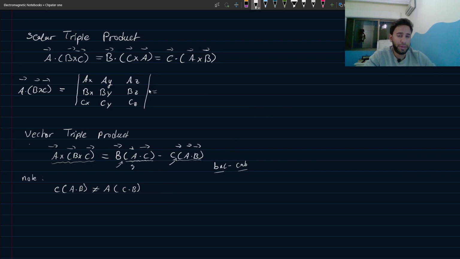A way to remember this formula is back cap. Back minus cap. The second vector multiplied by the first vector dot the third vector minus the third vector multiplied by the first vector dot the second vector.